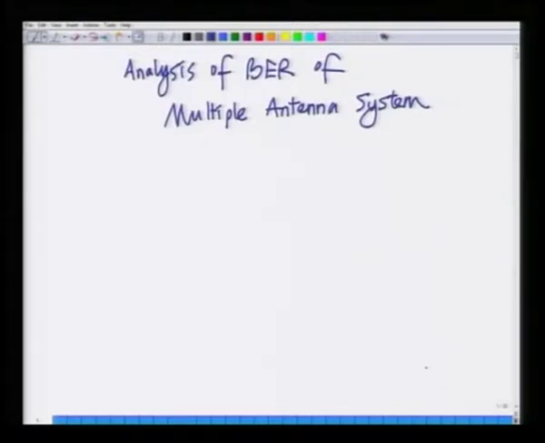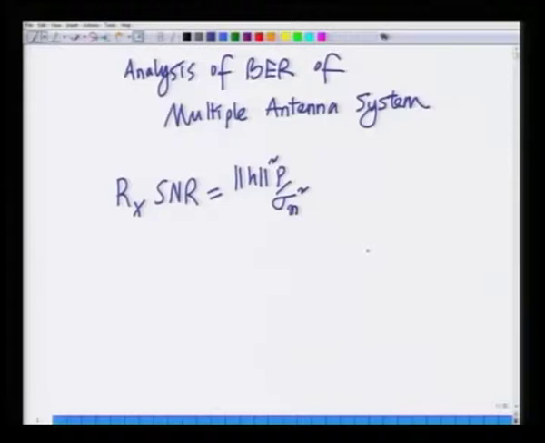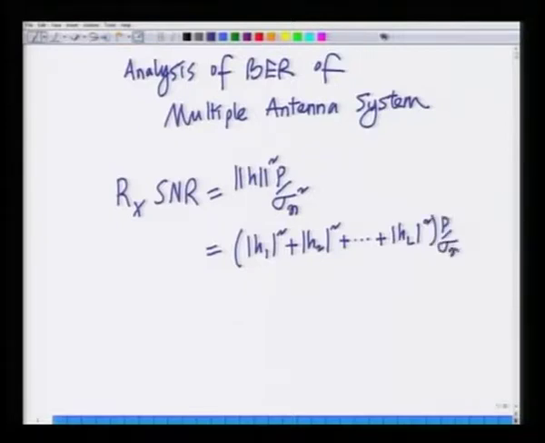We have seen that the receive SNR equals norm h square P over sigma n square, where norm h square is the norm of the vector of channel coefficients, and this can be written as magnitude h 1 square plus magnitude h 2 square plus magnitude h L square, times P over sigma n square.